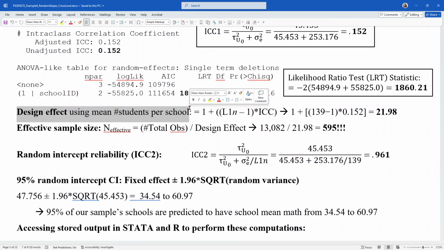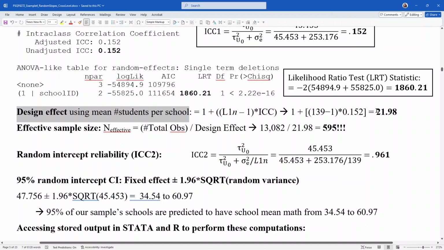So basically, aren't you just finding out what the true size is that you're working with when you're trying to find power? That's what we're using it for. Yes. Design effect is the denominator that creates effective sample size. So we started out with 13,082 kids.